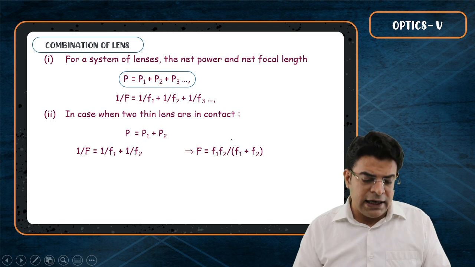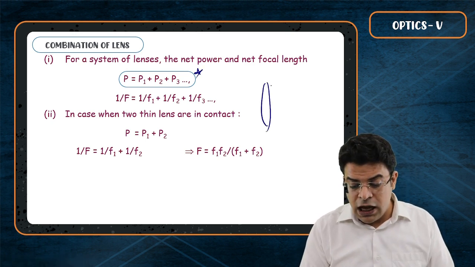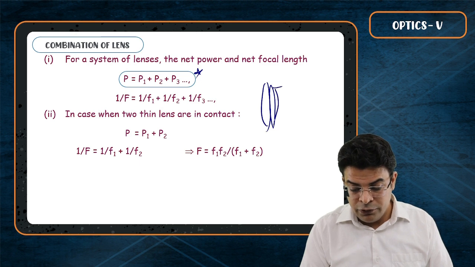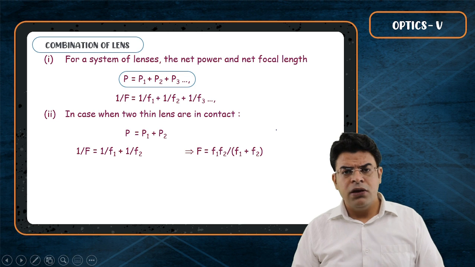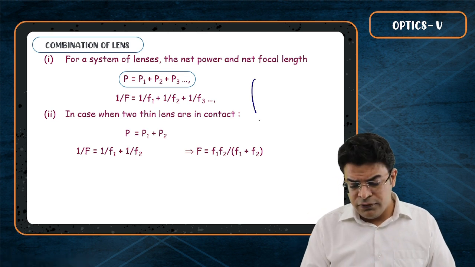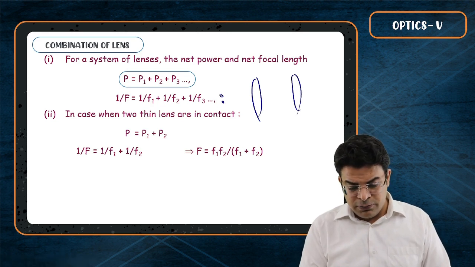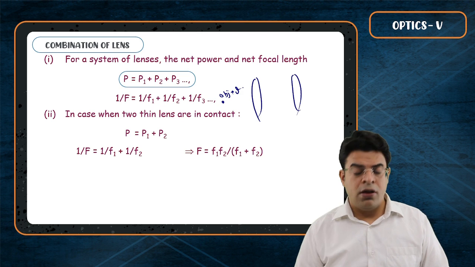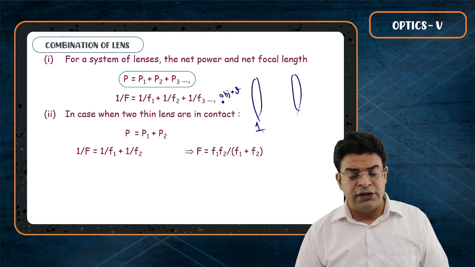Do understand that this formula should be used only when the lenses are placed in contact. They are placed close together. There is no gap between the lenses. So what to do when there is a gap between the lenses? If they give a gap between the lenses, then if an object is placed, find the image of the object made by the first lens.